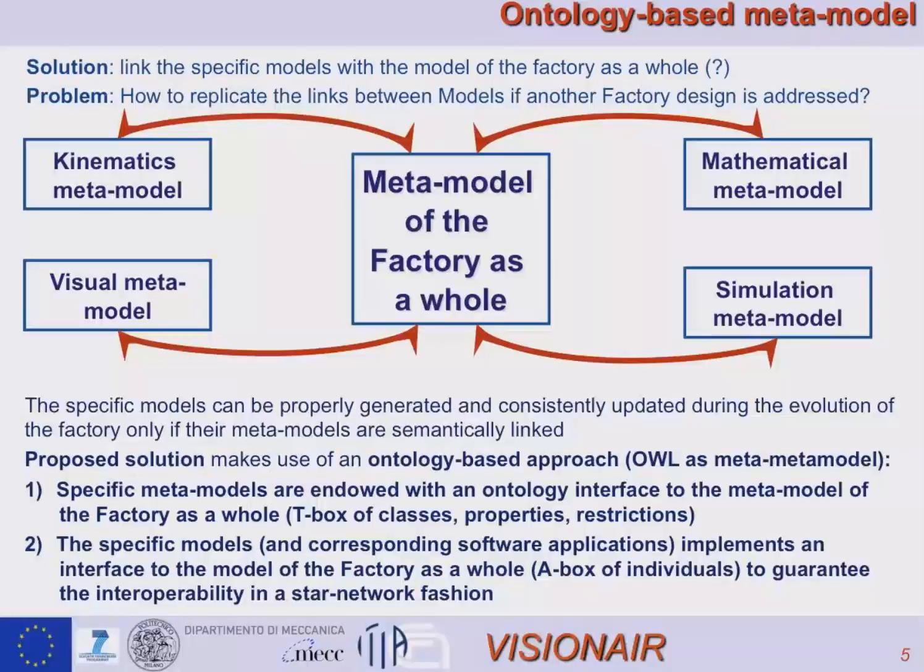And then every time we have to add a layer containing specific information for the different tools we are using, we use the A-box that provides individuals, specific individuals with specific characteristics, and we use these characteristics to drive the analysis of the different tools.